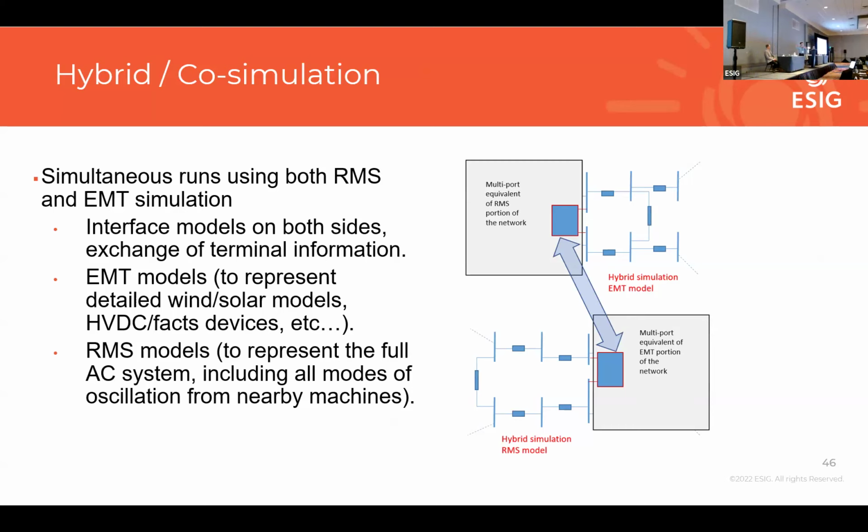In your RMS simulation, you'll take the part that was EMT and remove it and replace it with a network equivalent that represents the EMT portion. Then you'll run these two cases in lockstep, and they'll exchange information at the greater of the 2 time steps. They'll update each other on what the quantities should look like on either side of the boundary.